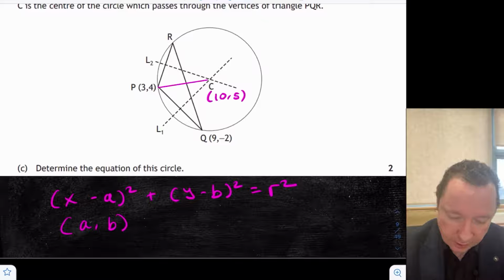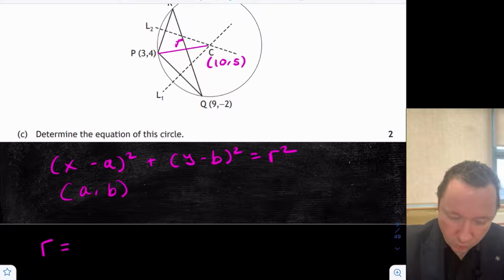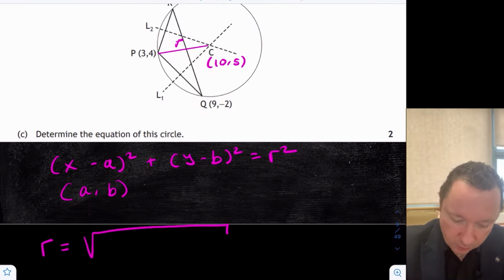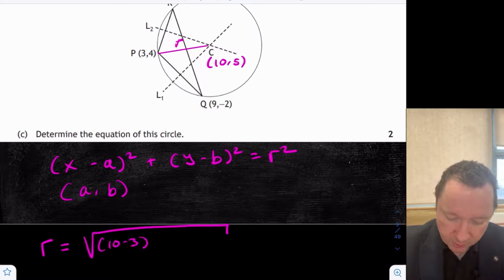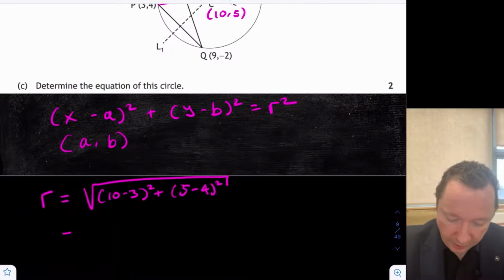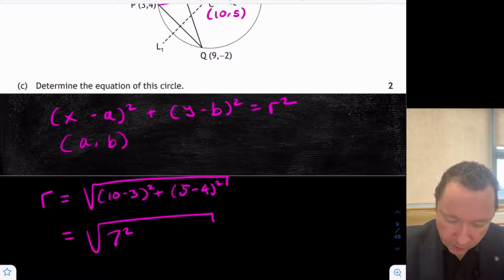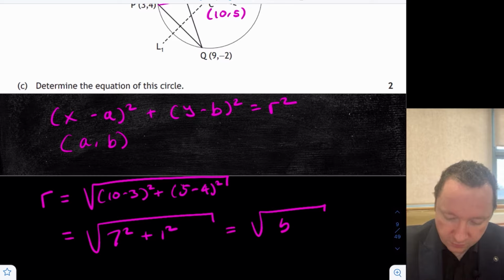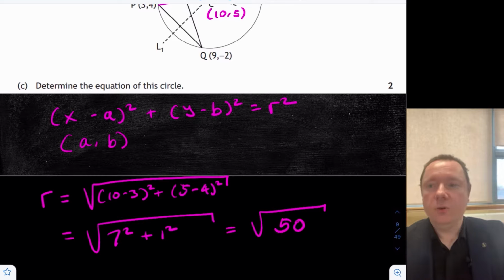There's our radius there. So using our distance formula to get r equals the square root of (x2 minus x1), so (10 minus 3) squared, plus (y2 minus y1), (5 minus 4) squared. So that equals the square root of 7 squared plus 1 squared, which is the square root of 50. 7 sevens are 49 plus 1 is 50.